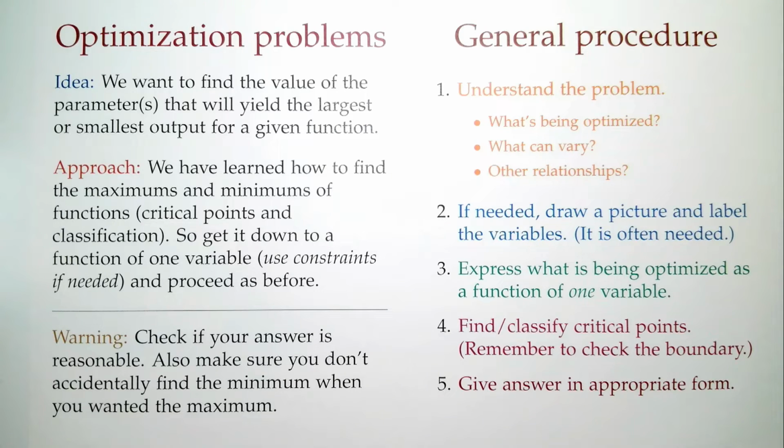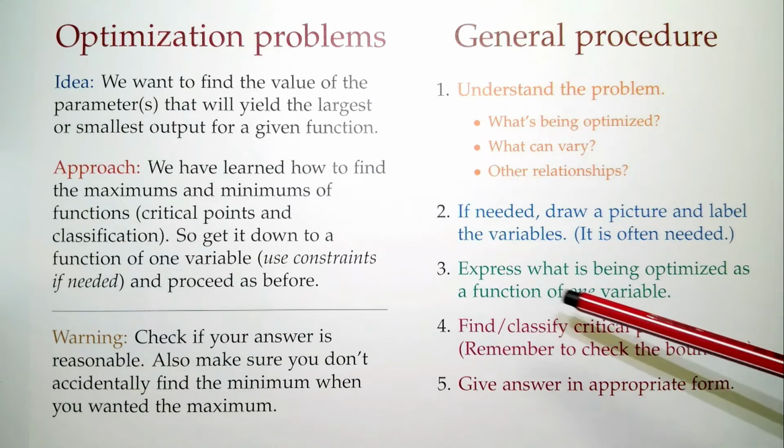And the relationships are useful if we have multiple things because we can condense things down to a single variable. Now, step 2 says, if you need, draw a picture. Not everything has a picture attached to it, but we're very geometrical. We like to see things. And many of the problems are expressed in geometrical terms. You know, it's like we're looking for a box with certain properties. Okay, draw the box. What does it look like?